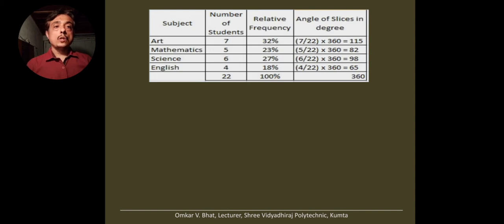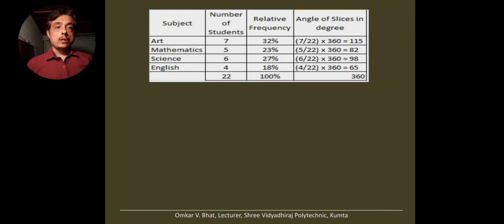So in order to draw a pie chart, angle of each segment is necessary. So in that last column, angle is calculated. How angle is calculated? Just go through that.